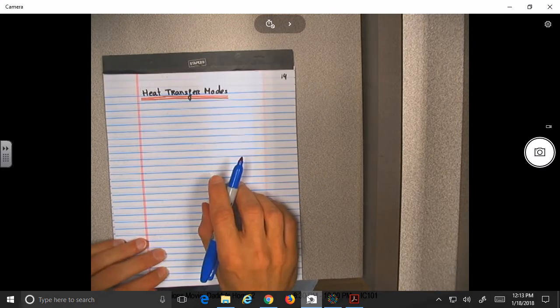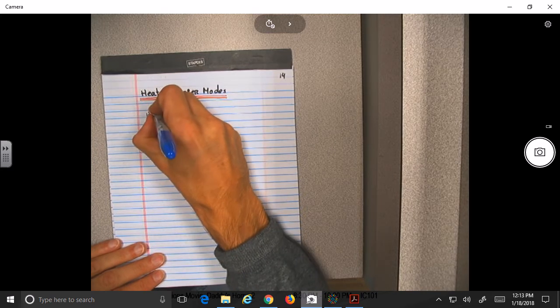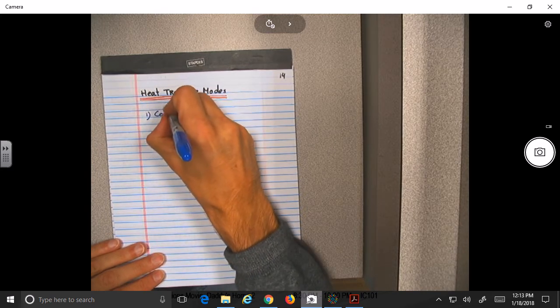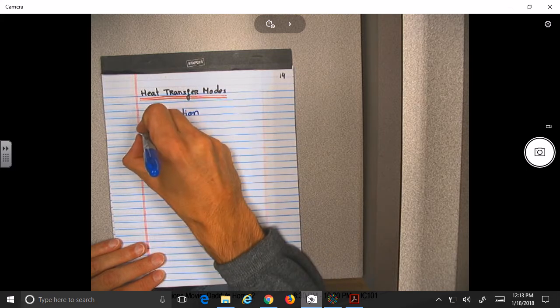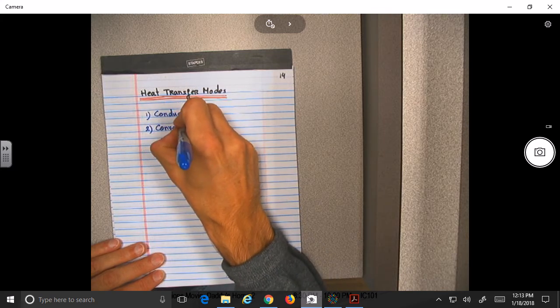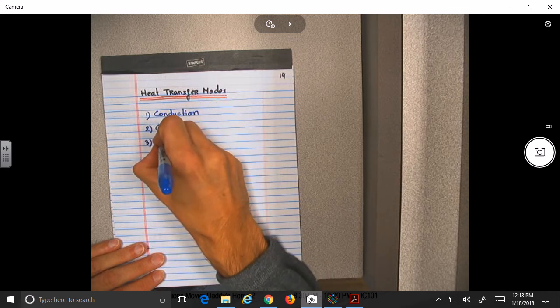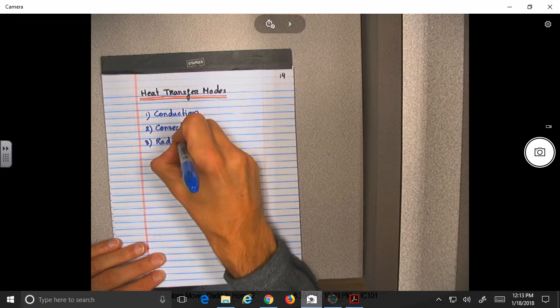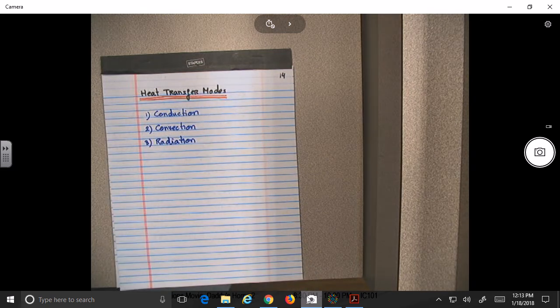Okay, so we said that we have three main heat transfer modes: one, conduction, two, convection, and three, radiation.